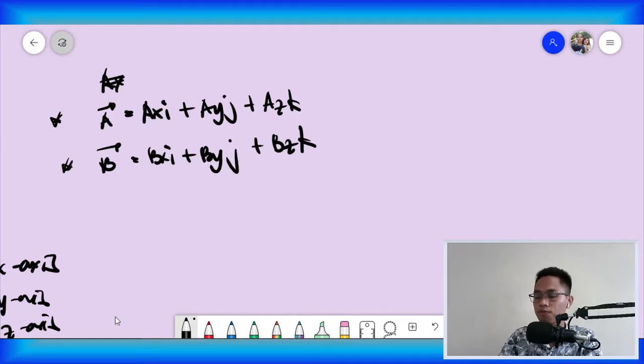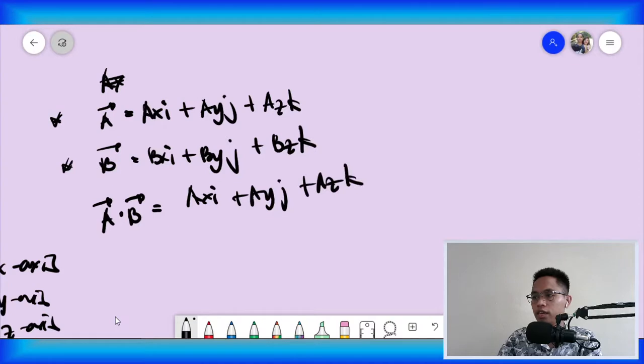Now, if we are going to perform that product, it is like a multiplication, scalar multiplication or scalar product. So if we are looking for A dot B, we multiply all the components: AXI plus AYJ plus AZK multiplied by BXI plus BYJ plus BZK.